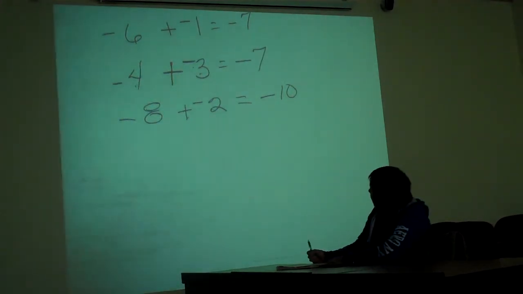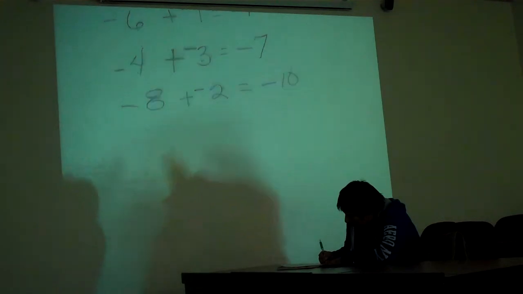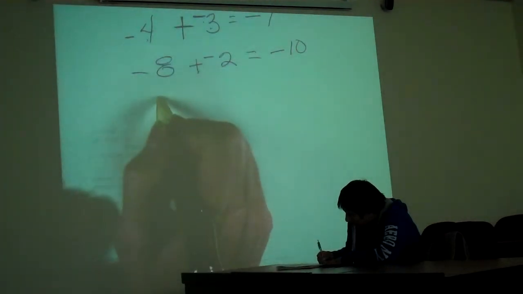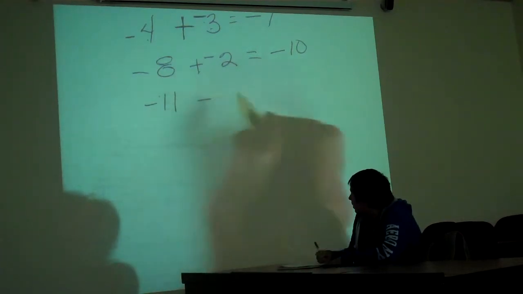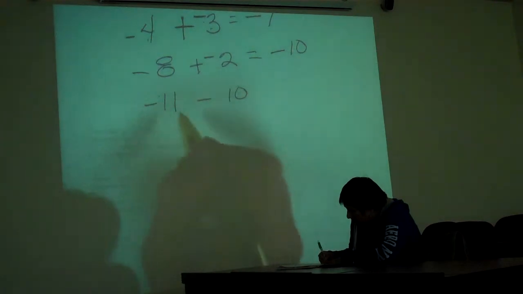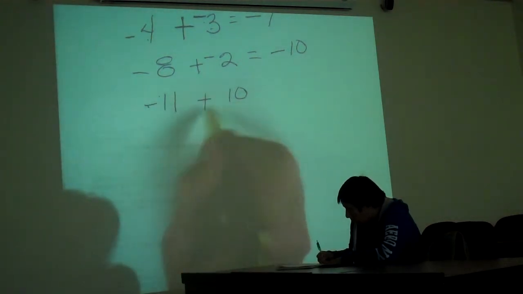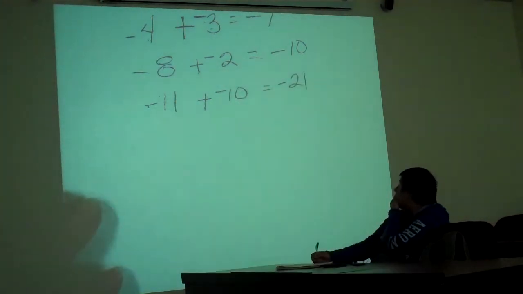So if you see minus, it's the same as saying that number is a negative. So if you have negative 11 minus 10, you have a negative 11 and a negative 10, negative 21, right?